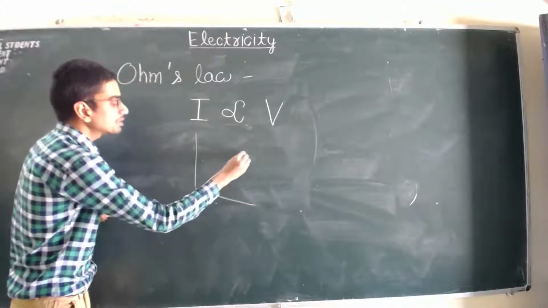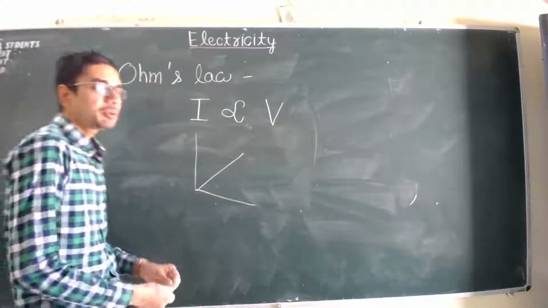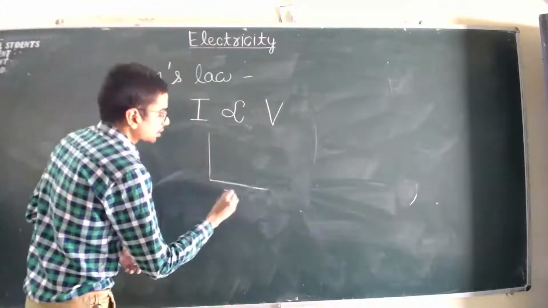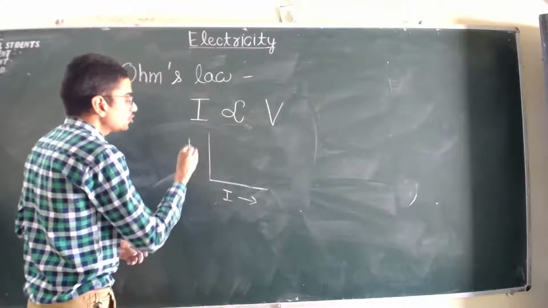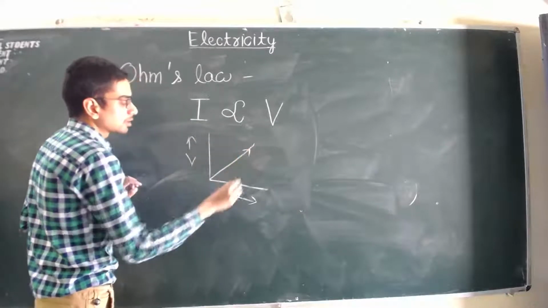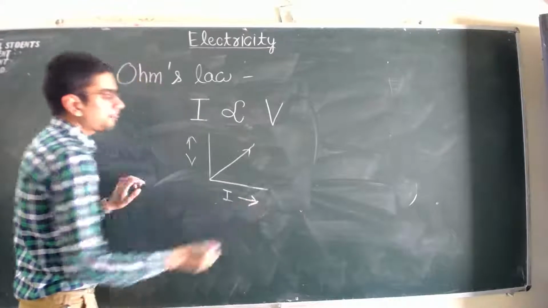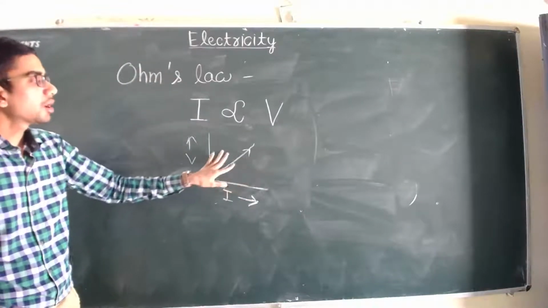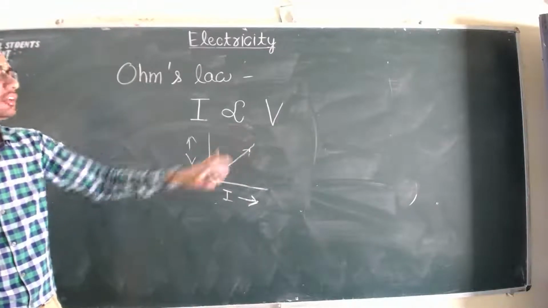The graph between voltage and current is a straight line. It means अगर आप V इंक्रीज कर रहे हो तो I भी उसी प्रोपोर्शन में इंक्रीज होगा.